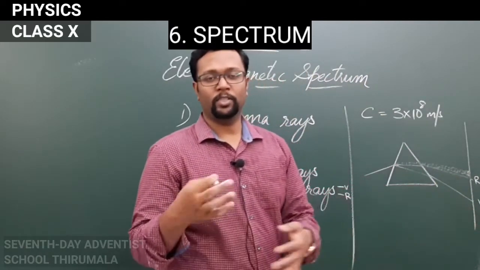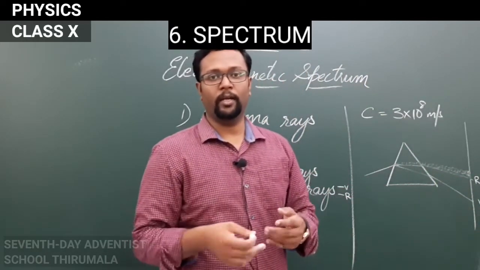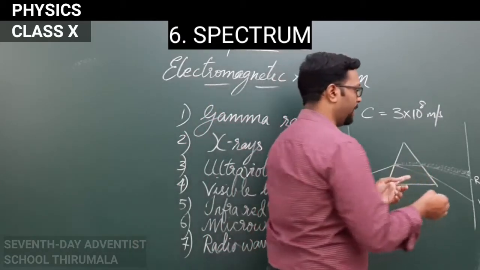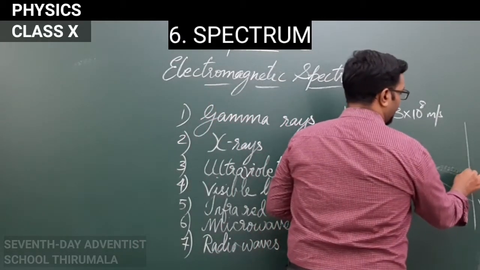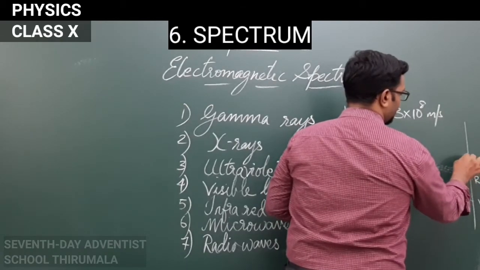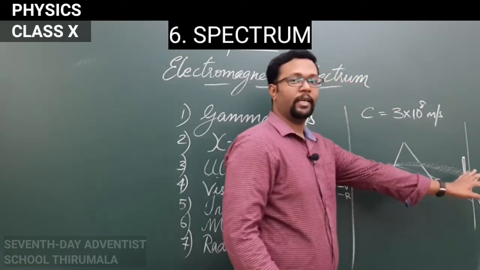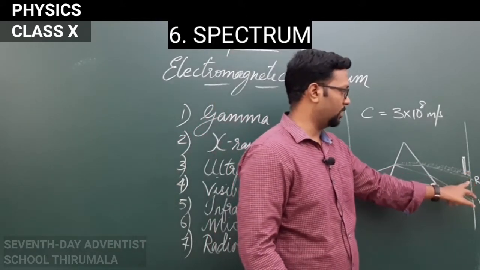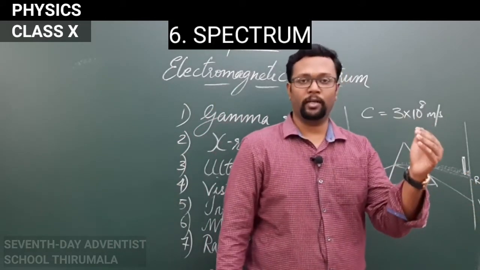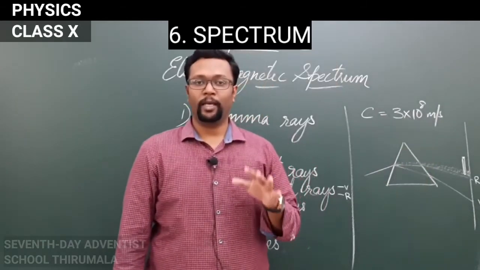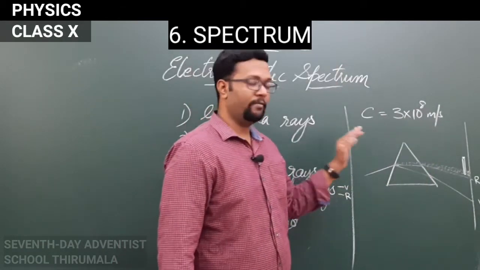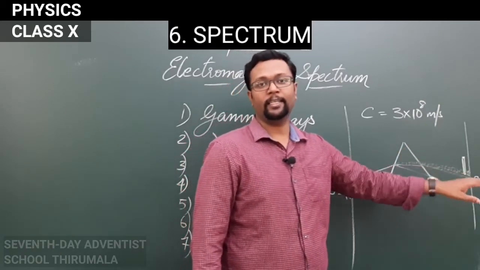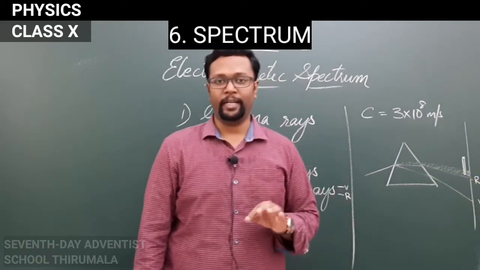He was studying how much temperature each color has, and he placed a thermometer in different regions. When the thermometer was moved to the region just above the red region, a sudden rise in temperature was shown. So he said there is an invisible ray in that region, and he called it infrared radiation.